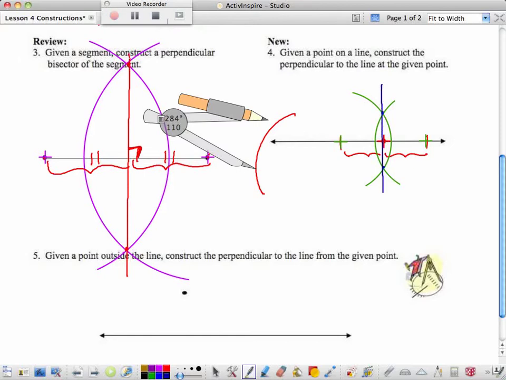Right? So I connect these 2 points of intersection, and therefore it should be going through this point, and this point. So I have a perpendicular to the given line through the given point. So this is my 90-degree angle. This line goes on forever and ever. However, I did manage to go through that given point. So that was through a point on the line.